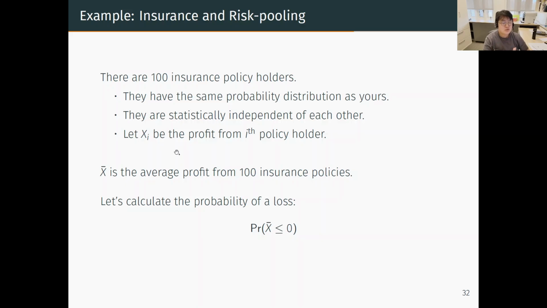Then to the company, what matters is the average, right? I'm going to think about X bar as the average profit from those 100 insurance policies. When you have 100 customers, the probability of an overall loss can be calculated like this. If the average profit is less than 0, that means the company is in deficit.